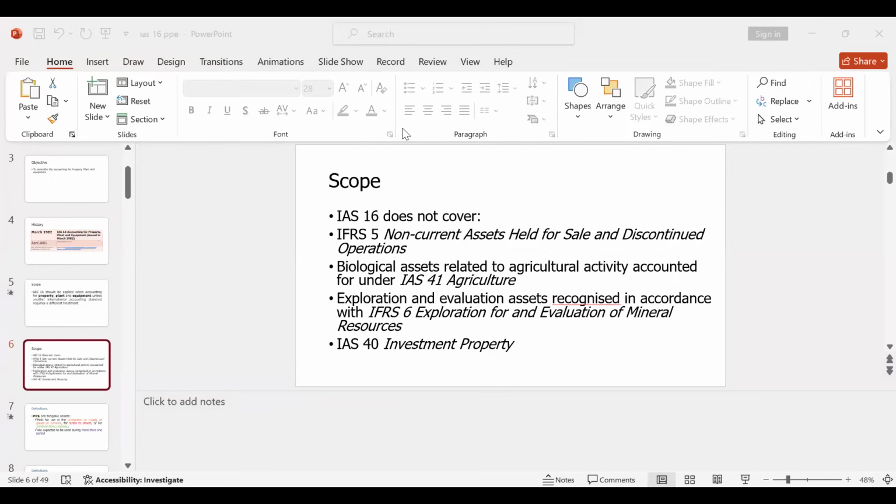So if you have any asset for exploration of minerals, you don't treat it with IAS 16. We have IFRS 6 for you. Investment property held for rental purposes, you don't use IAS 16. You use IAS 40. So that's the exemption according to IAS 16.